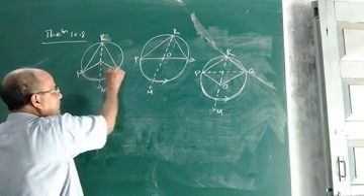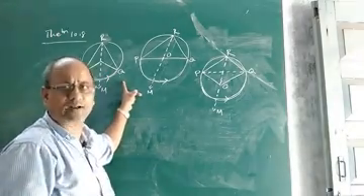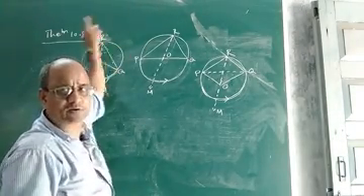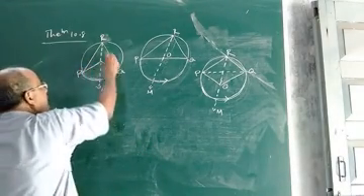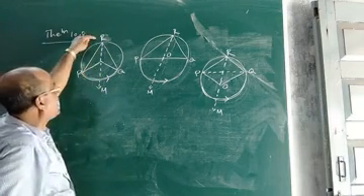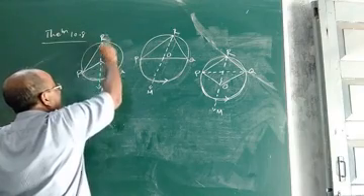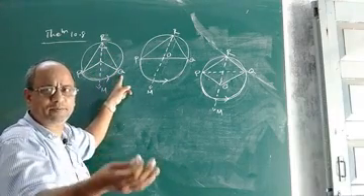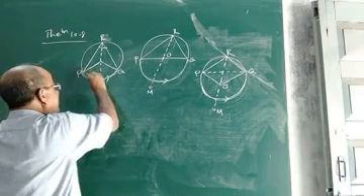These two endpoints P and Q are the endpoints of the minor arc PQ, and R is a point lying on the remaining part of the circle. Now if the two endpoints are joined to this point R, you will get an angle here. Look at angle PRQ. What is angle PRQ? Angle PRQ is the angle subtended by this minor arc.